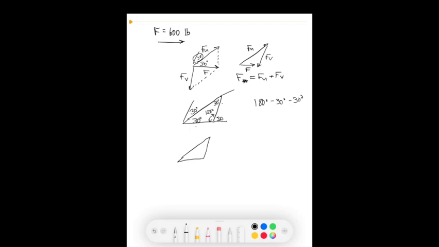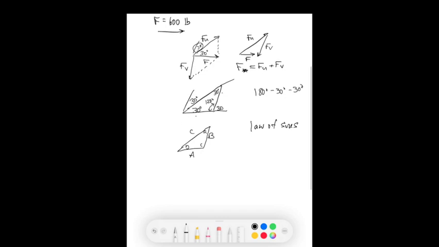So now that we have this information, we can draw, again, I'll draw a generic triangle, ABC, right? Opposite angles. And we're going to use the law of sines. Okay, the law of sines. And so what we're trying to figure out is FU is equal to what and FV is equal to what.